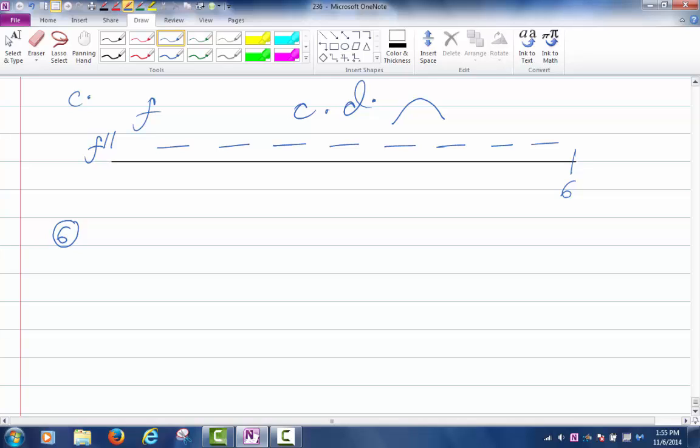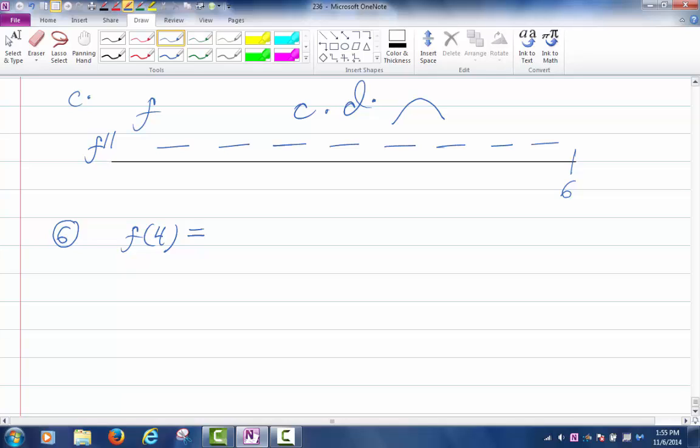What's the interior point? 4, right? So I need to know the point corresponding to 4. So I need to know what is f of 4. What function is f? F is the original x times root of 6 minus x. I have to plug in 4 there.